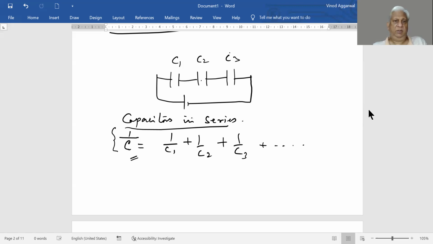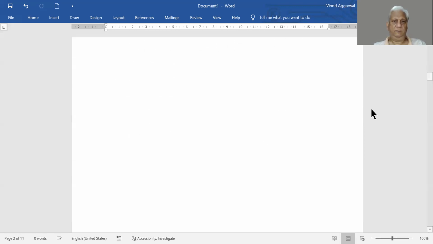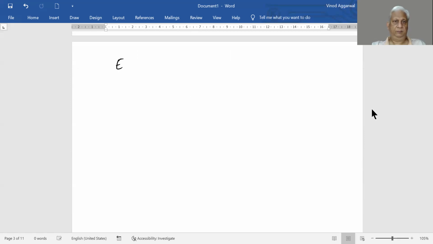Now, next thing we talk about is earthing of capacitors. Let's take a system of parallel plates.